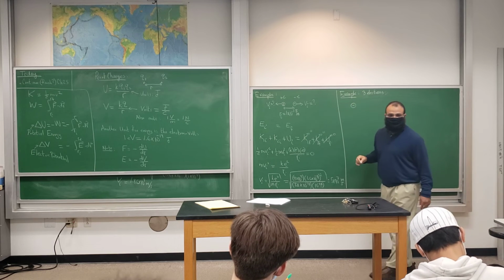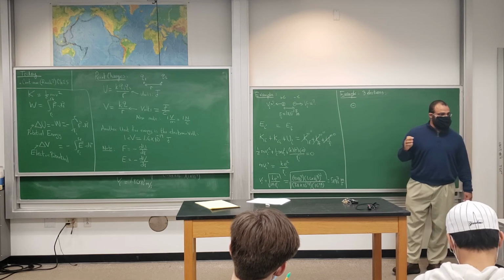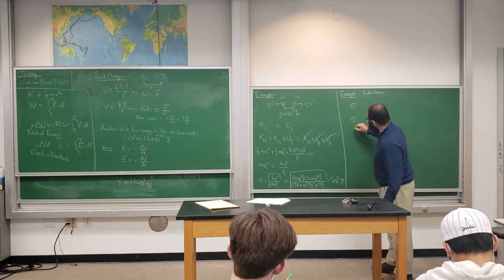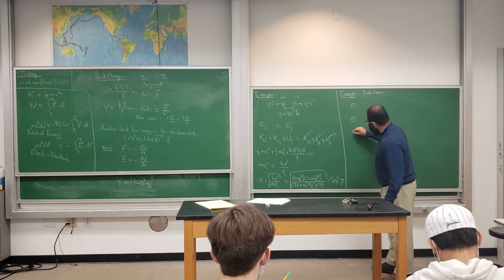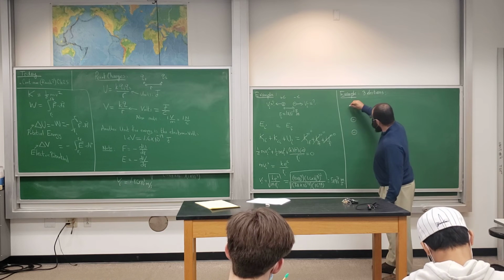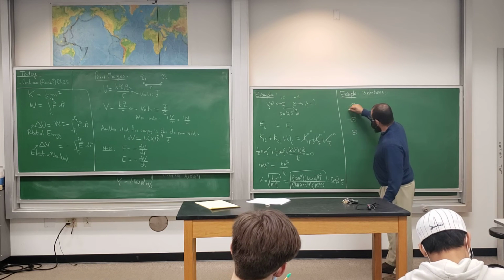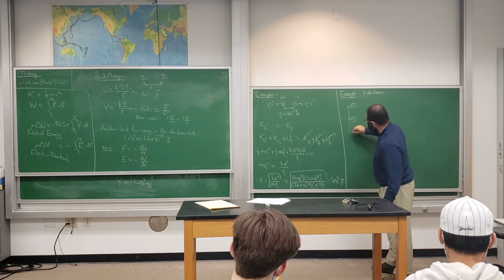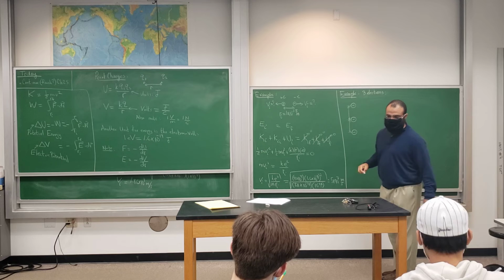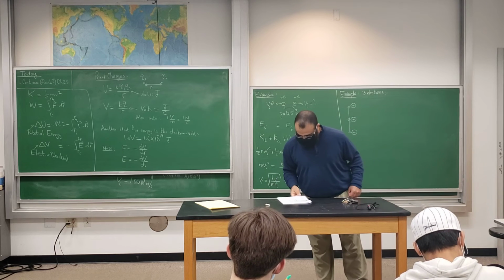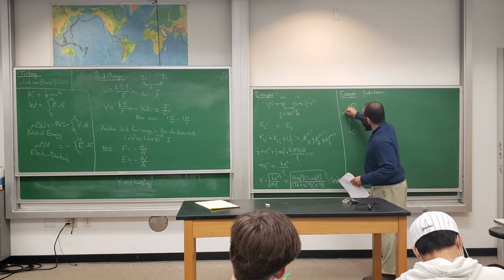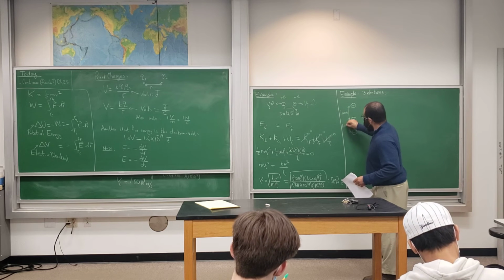So they're electrons, so they have the charge of an electron and the mass of an electron. And there is another electron here, and another electron here. And the distance is, let's look it up, I think it's 1 millimeter. Yes, it's 1 millimeter.